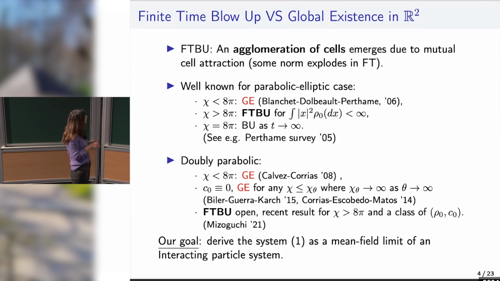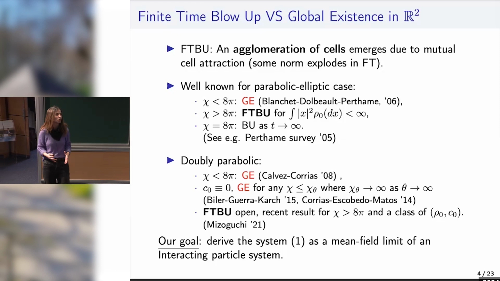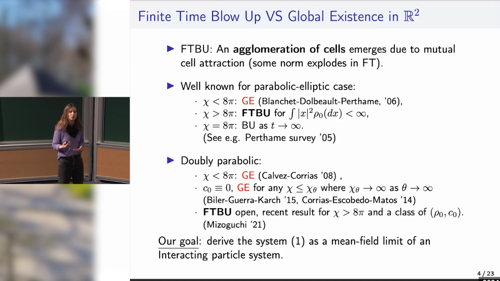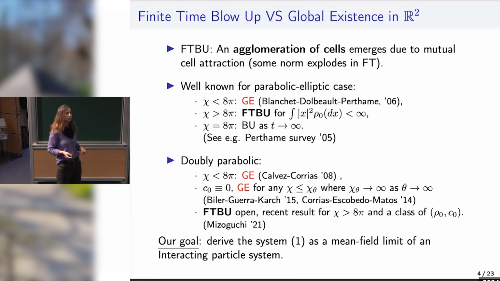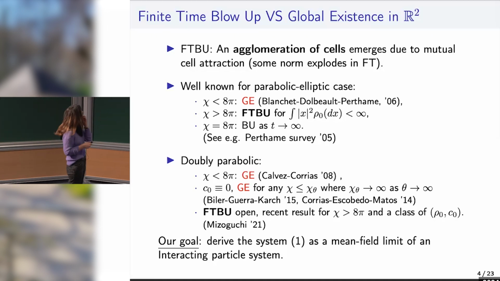And then you can basically go above 8 pi, but only in the cases where the initial concentration of the chemical is small. Okay, so you can go even above for the global existence, but you need to have no chemical at the beginning, or very small chemical concentration at the beginning.